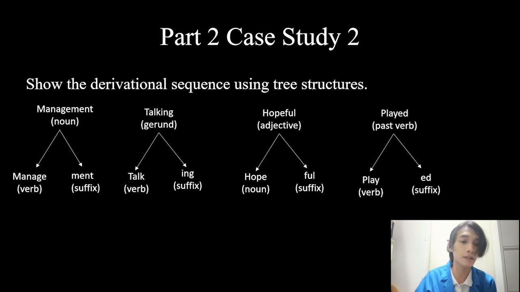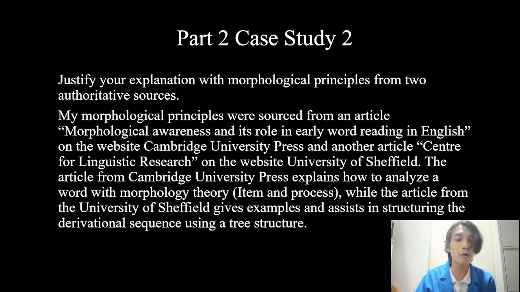Then justify your explanation with morphological principles from two authoritative sources. My morphological principles were sourced from the article Morphological Awareness and its Role in Early Word Reading in English on the website of Cambridge University Press, and another article, from the Center for Linguistic Research, on the website of the University of Sheffield.